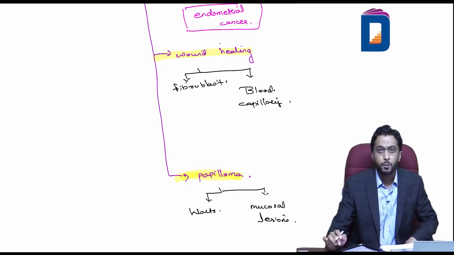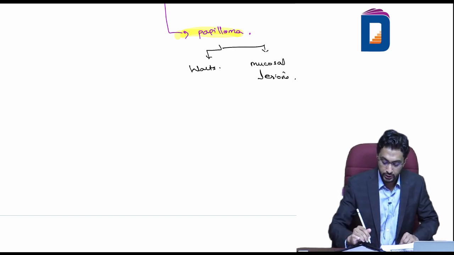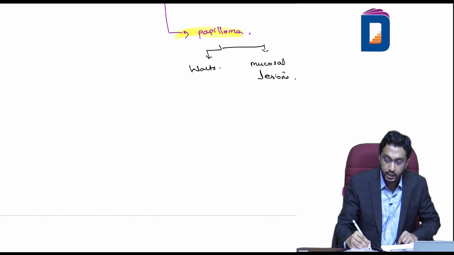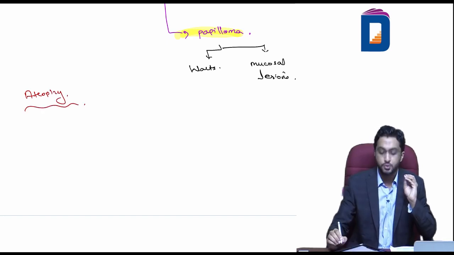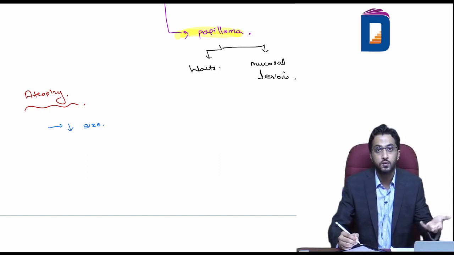Okay, now we come to the next adaptive change, which is atrophy. When it comes to atrophy, the definition is decrease in size of the cell. Hypertrophy is increase in size.